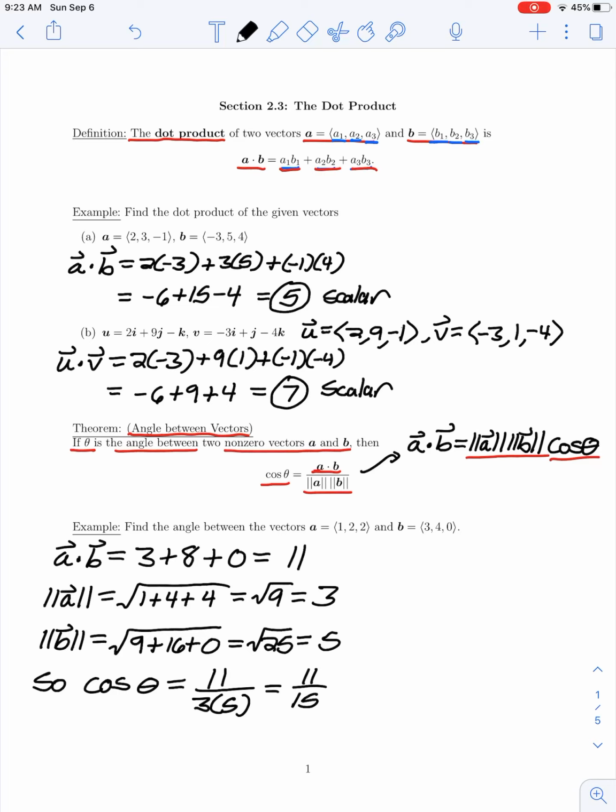To find the angle between these vectors, theta, we would take the arc cosine, or cosine inverse, of this 11 over 15. And this would be our angle measure in radians.